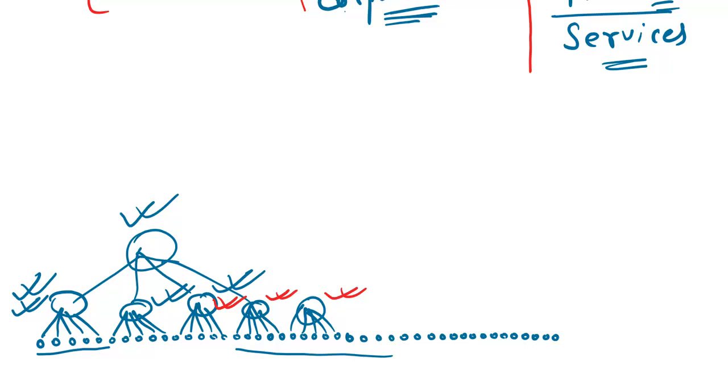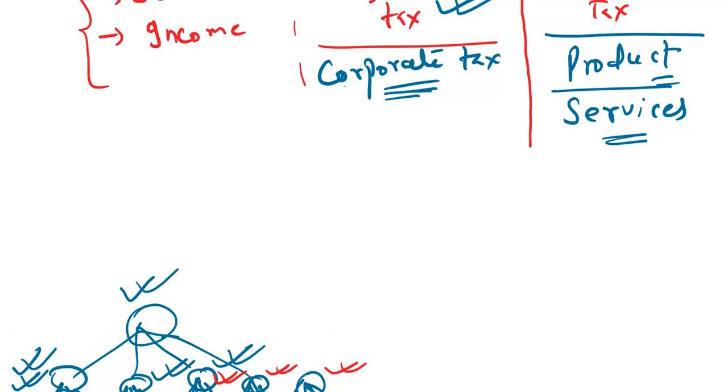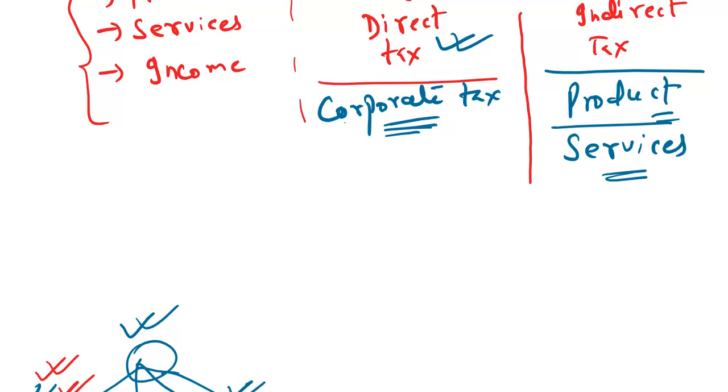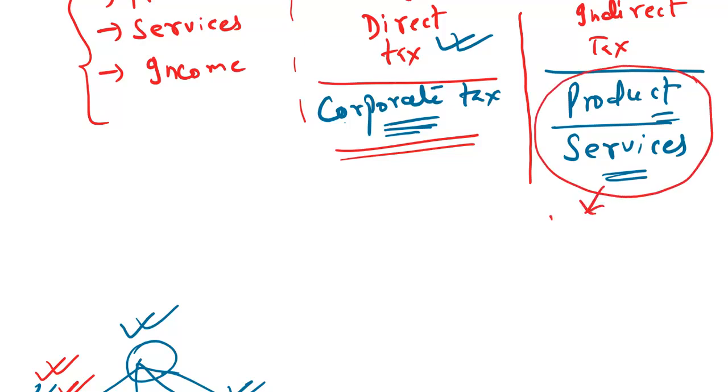That's why when any person purchases products or services, that purchaser is paying the tax to the supplier, and the supplier, in the supplier's name, forwards the tax to the government authority. That's why in the world you will see that corporate tax and income tax come under direct nature, and the product and services related tax, in UAE the VAT, comes under the indirect taxation system.